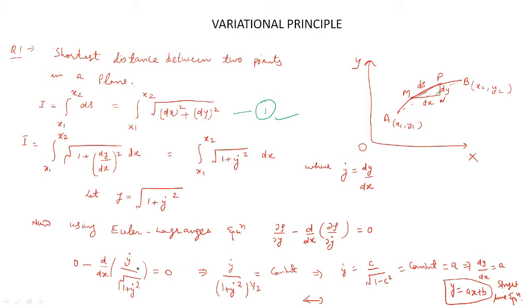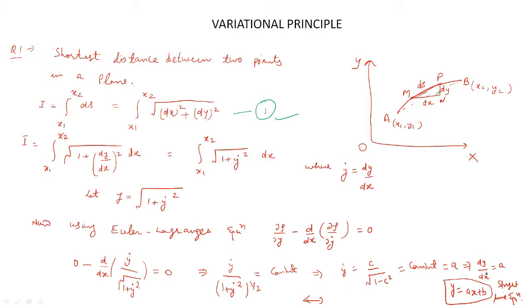Now if we solve this, then it comes out to be y dot upon root 1 plus y dot square equal to a constant, c. So here you can write y dot is equal to c upon root 1 minus c square. This whole term is a constant, so let us say it is equal to a, and your y dot is equal to dy upon dx.